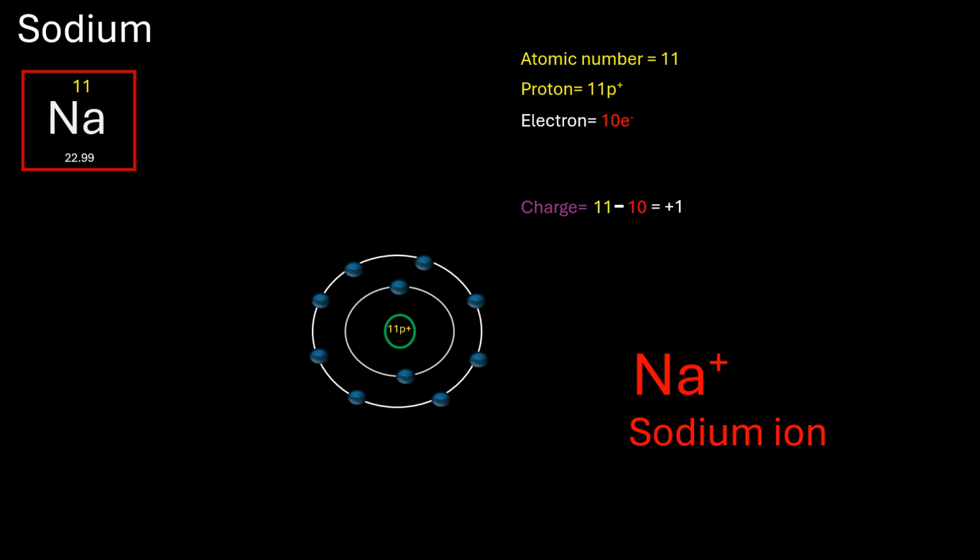We refer to it as sodium ion. And it has 8 electrons in the second energy level, meaning that it fulfills the octet rule. So because sodium is in group 1A, when it reacts, it loses its electron in the outermost energy level, so it would fulfill the octet rule.